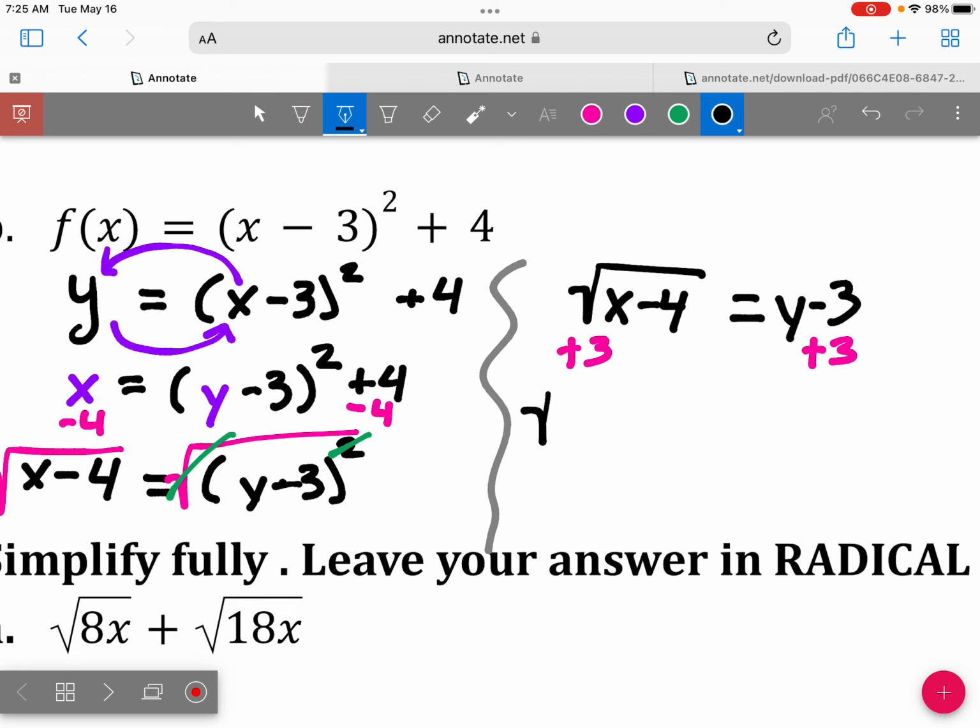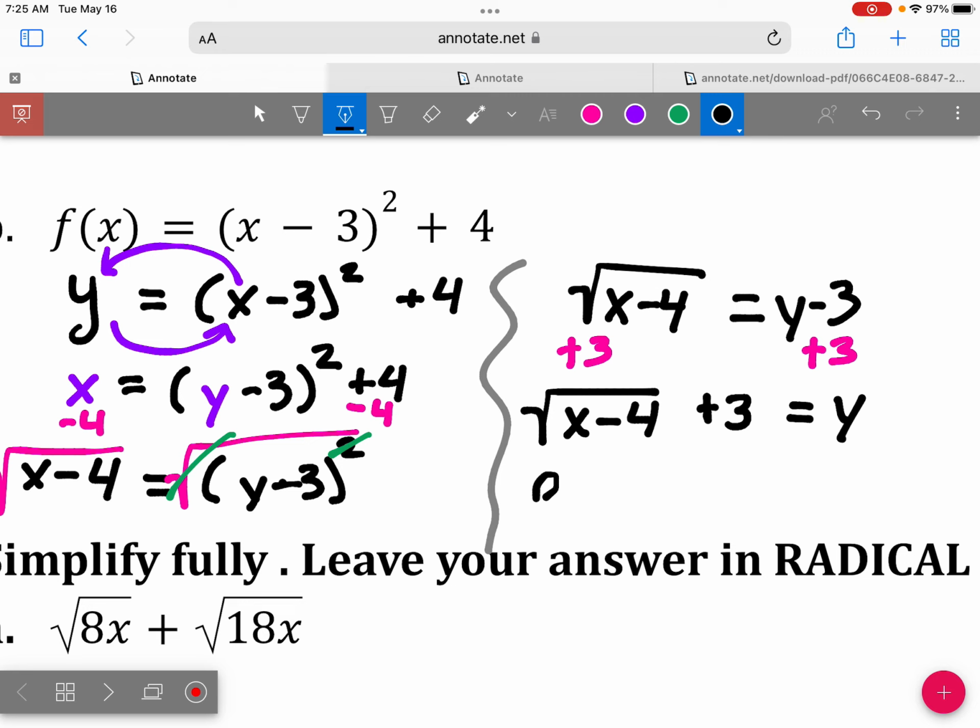So we're going to have the square root of x minus 4, outside that is plus 3, equals y. We could put this back into our inverse here, since this was f of x.